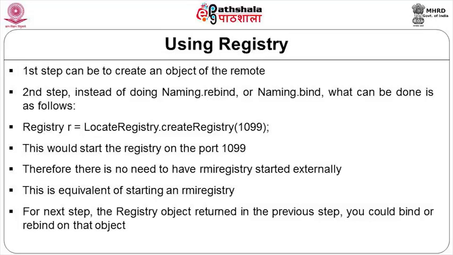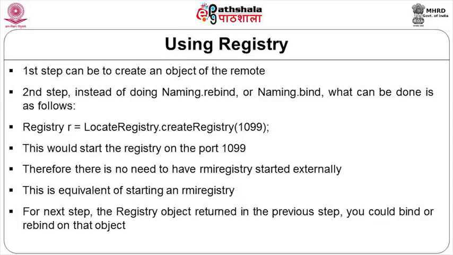So it starts a registry on this port, and therefore there's no need to have an RMI registry started externally and separately. If you do this, it will start listening on port 1099, and it's equivalent to starting an RMI registry.